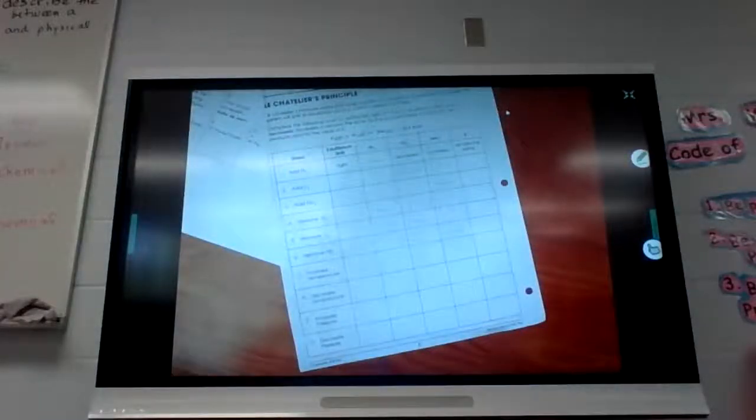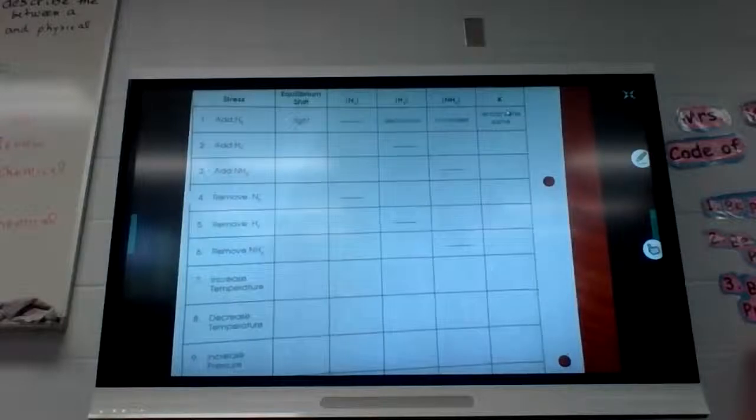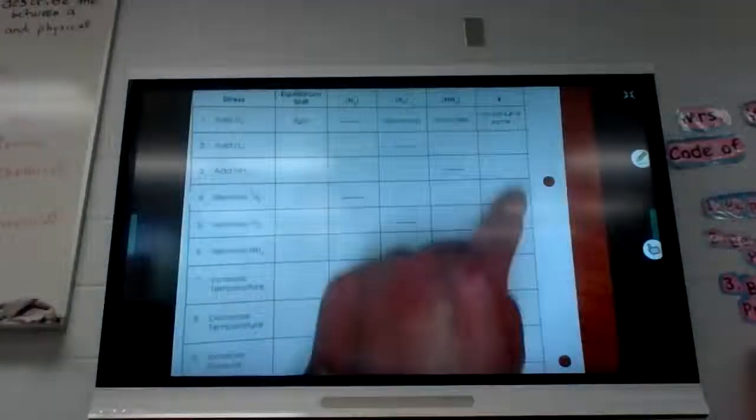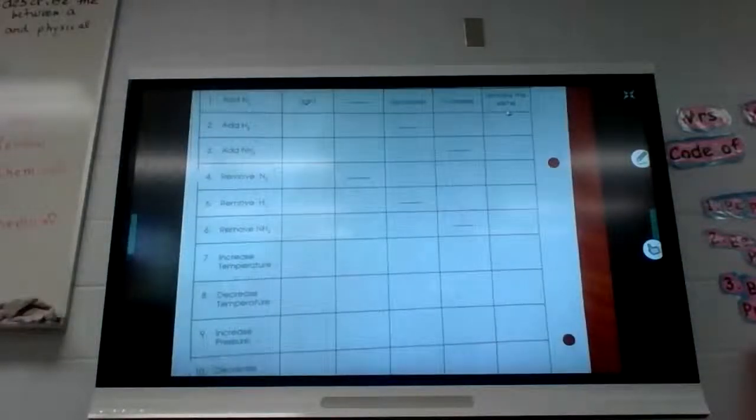All right, when you look at this thing, the only column you don't have to fill out is this last column, because what are you supposed to know about K? What's the only thing that makes K change that we talked about yesterday? Anybody remember? No, because I wasn't here. I wasn't asking you that, but you need to watch the video and find out, because if we have a quiz on it tomorrow, you're responsible for it.